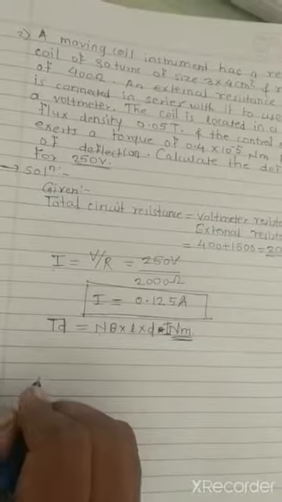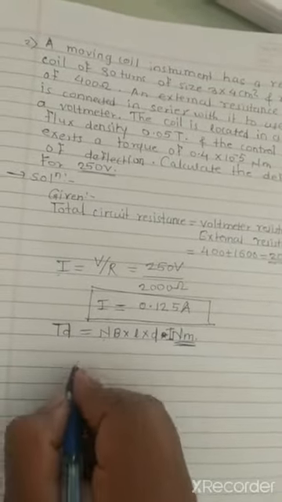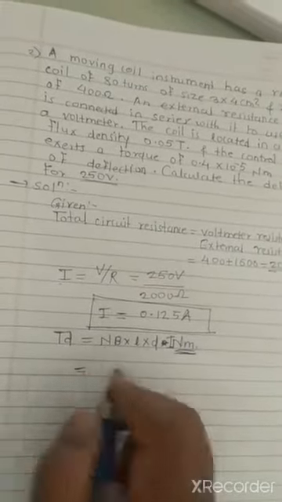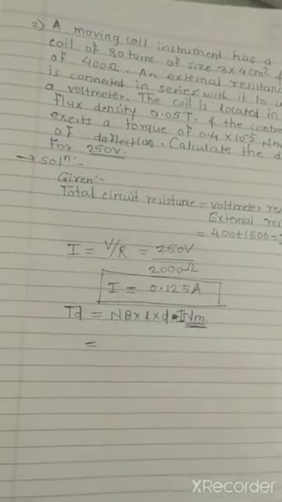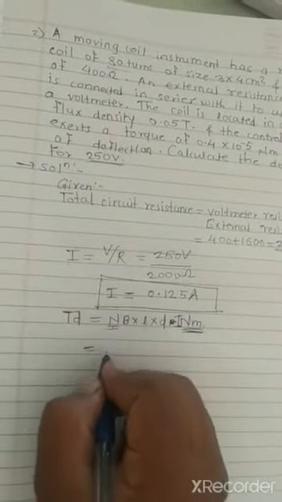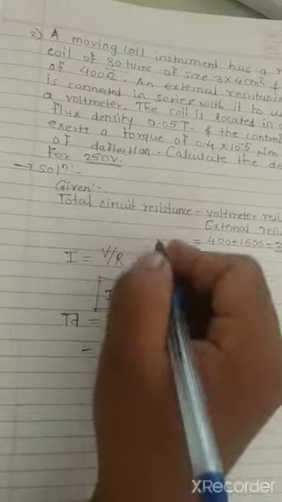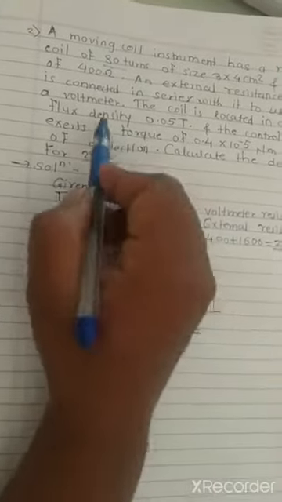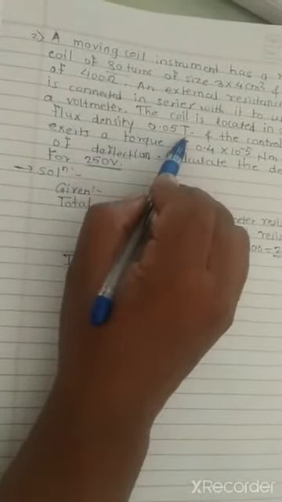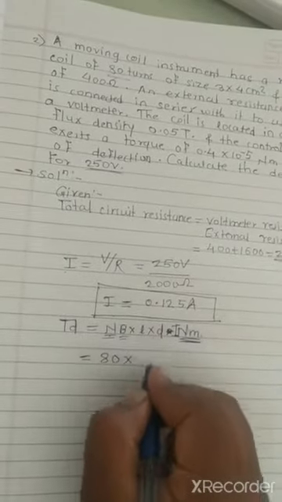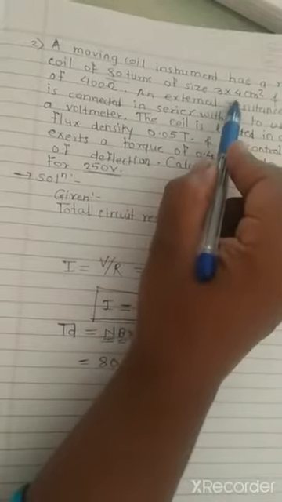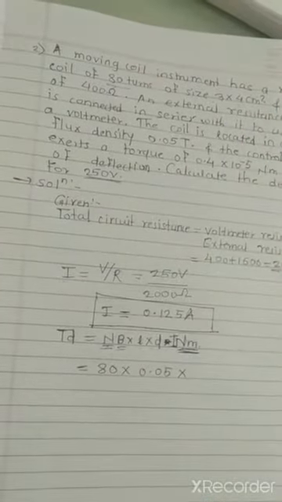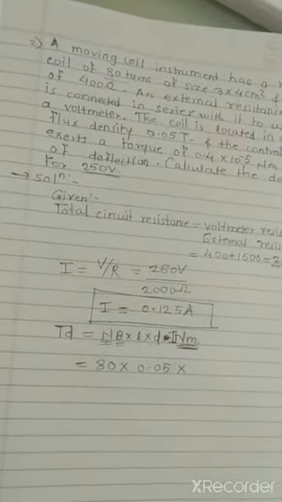Now put the values. N is given in the problem: 80 turns, so the value of N is 80, into flux density 0.05 Tesla, so the value of B is 0.05, into L, into width D. The area is given as 3 into 4 centimeter square.